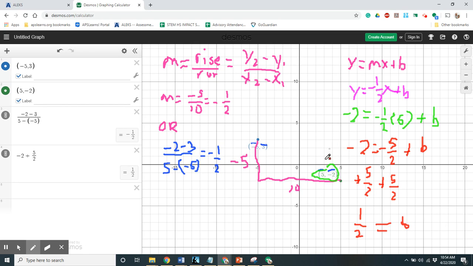So our final equation then is y is equal to negative 1 half x plus 1 half. Putting this number in place of b, keeping the slope in, this is the answer. You want the entire equation.